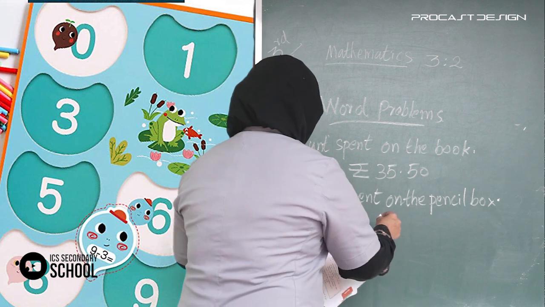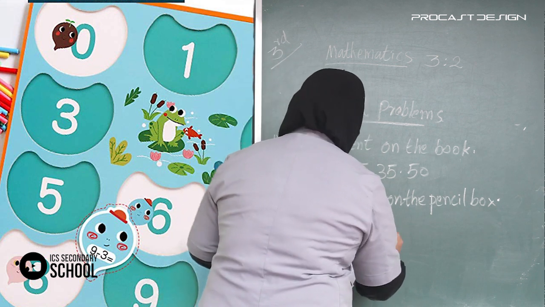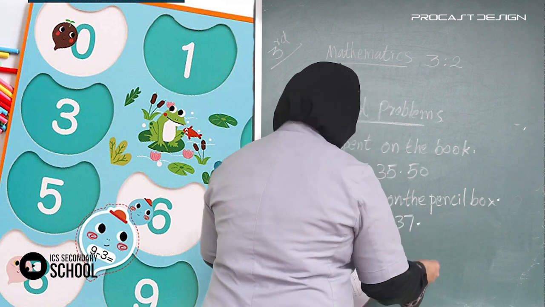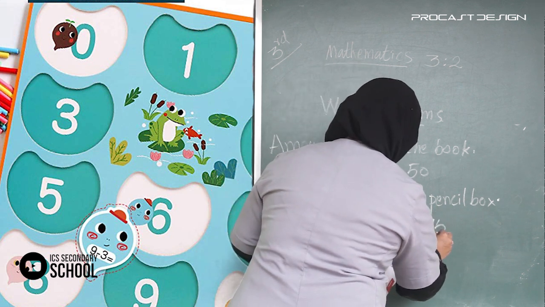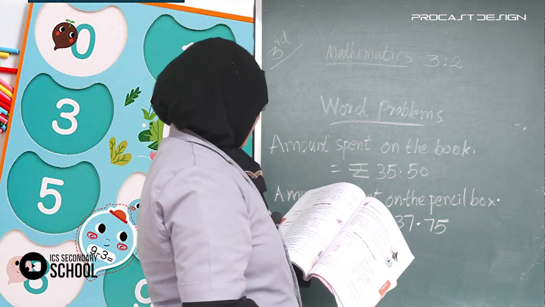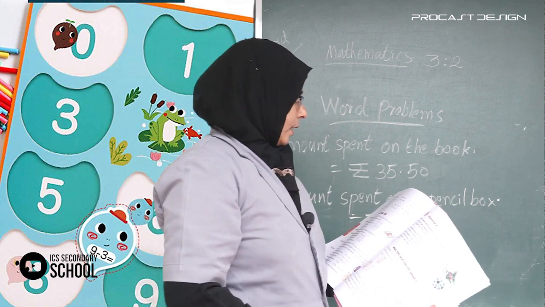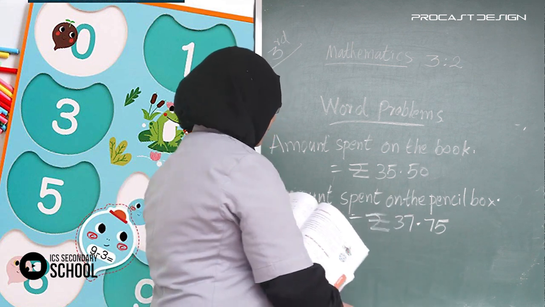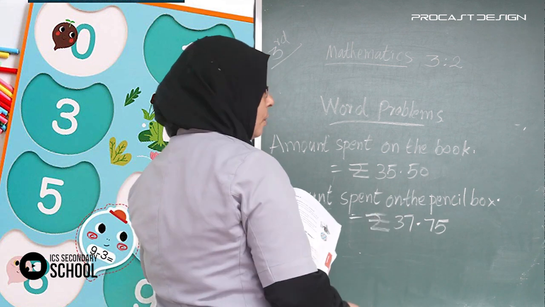Yes, rupees 37 and 75 paise. Okay, total amount is spent. Total amount Anil spent. Okay, all of you write it in your notebook.